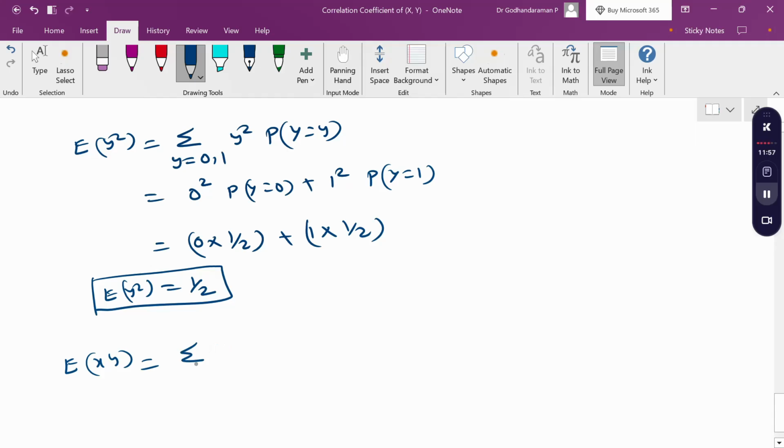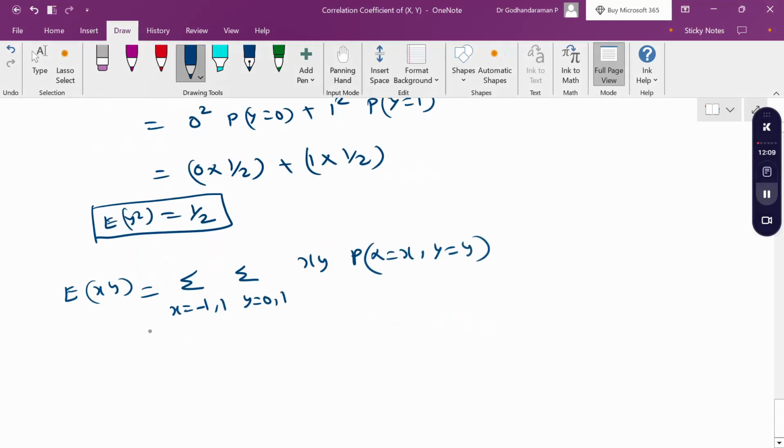So the summation over x from minus 1 to 1 and the summation over y from 0 to 1 of x y times p of x y. Now substitute the values: y is 0 or 1, and x is minus 1 or 1.